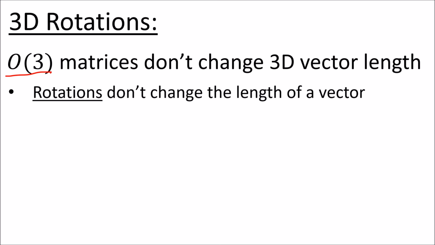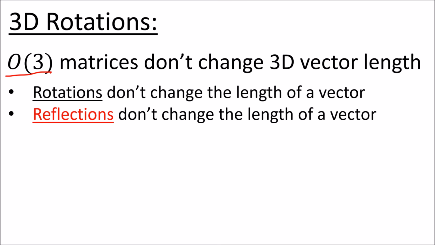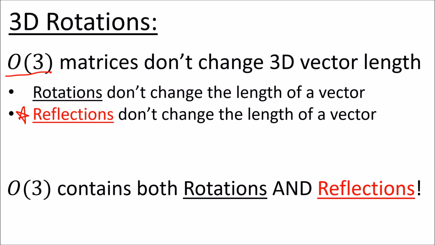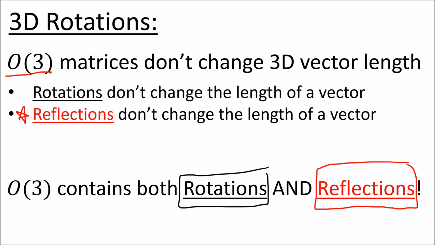It's true that rotations don't change the length of a vector, but reflections also don't change the length of a vector. So this O3 group of matrices that don't change vector lengths contains both rotation matrices and reflection matrices.